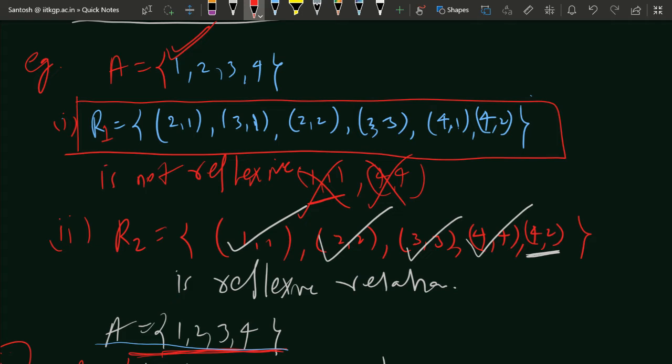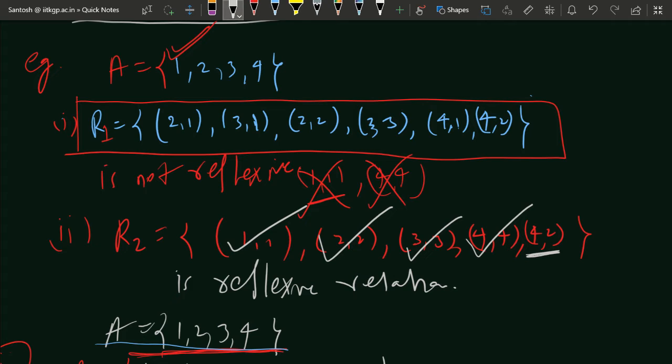It is only related to the next element. Like if 2 comma 1 is there, then it should also have 3 comma 1 and 4 comma 3. No, it is not saying like that. It is saying that if A is related to B, then B should be related to A.